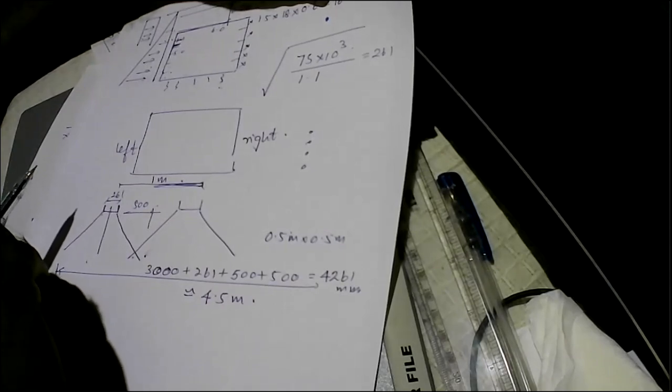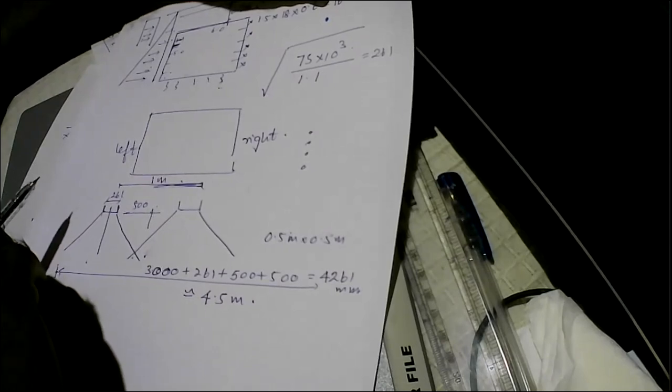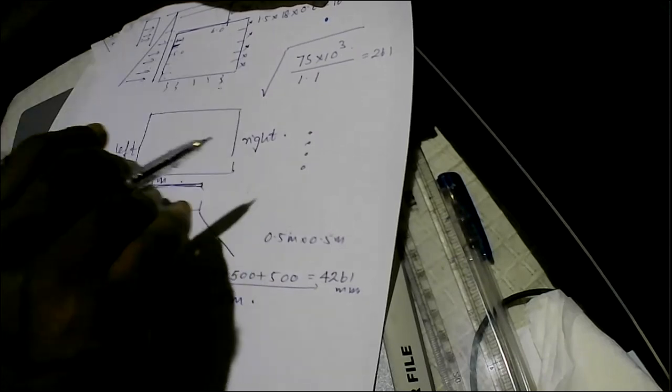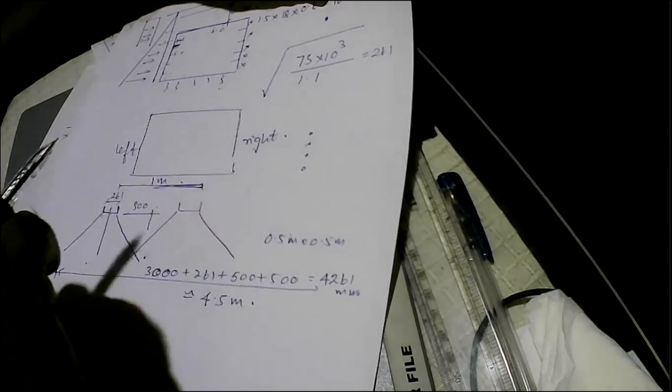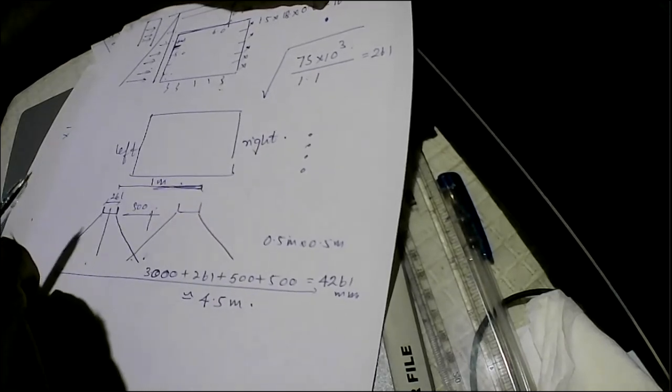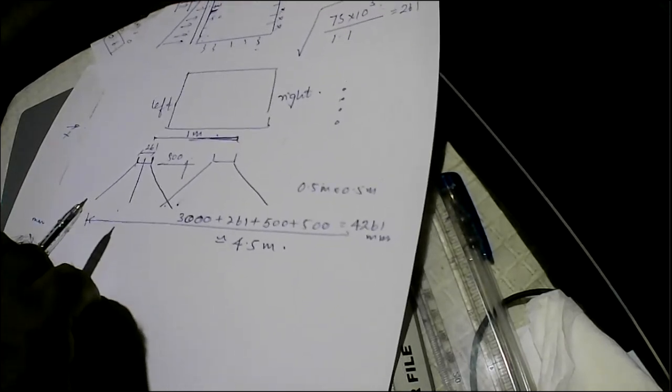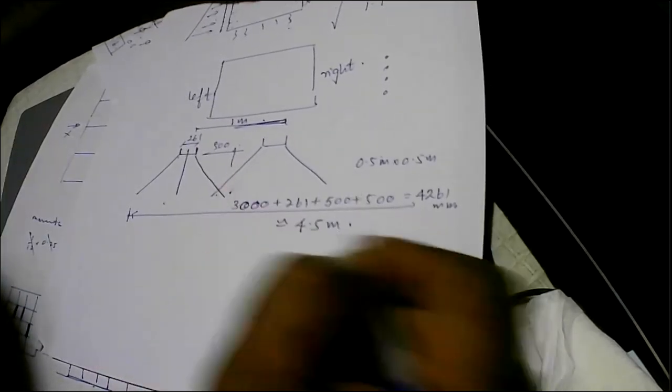So to limit the contact pressure to 1.1 newtons per millimeter squared, when the load is 75, you divide that by the stress and then take the square root, then you will get the answer as 261. Is that clear? Yes, sir. Clear. So you get 261 and dispersion.